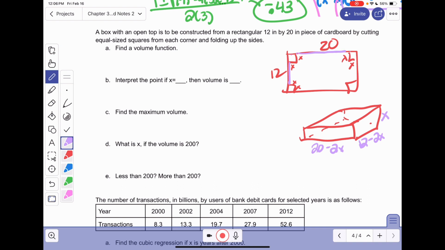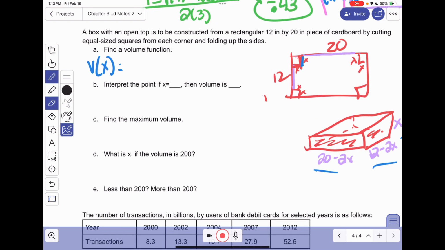So now we've folded our box. We have our three sides. We can find the volume. All right, so the volume of this box is going to be those three parts multiplied together. So 20 minus 2x, 12 minus 2x, and then x. I'm going to FOIL these two.